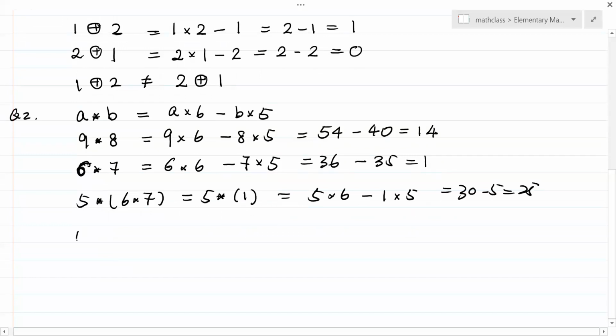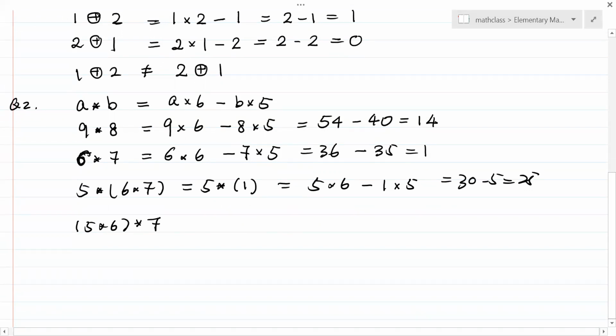I'm also going to do this one, 5 star 6, then star 7. I want to see if I do these two numbers first, should I get the same result or not? In order to do this, I have to compute 5 star 6. I can do it inside the parentheses.